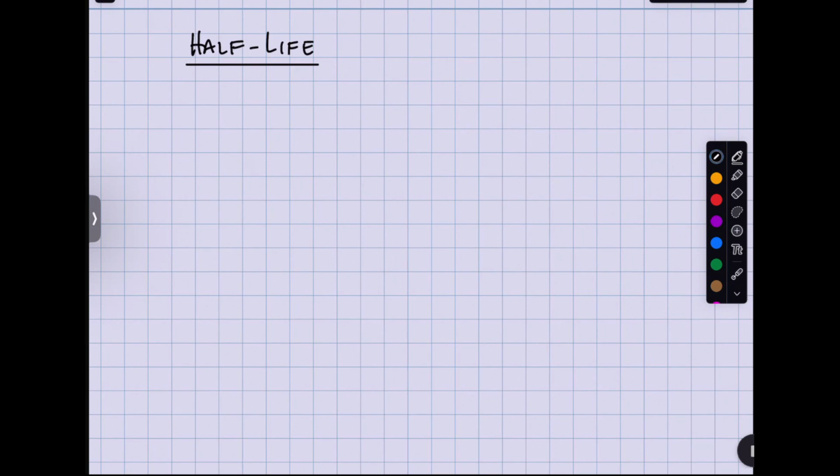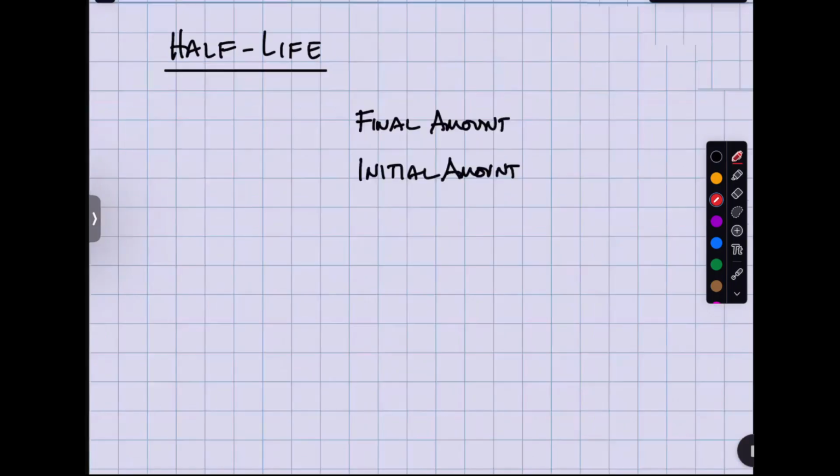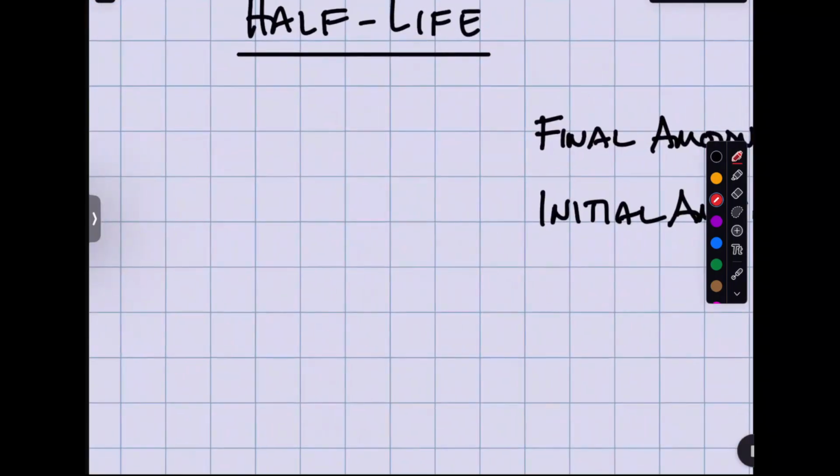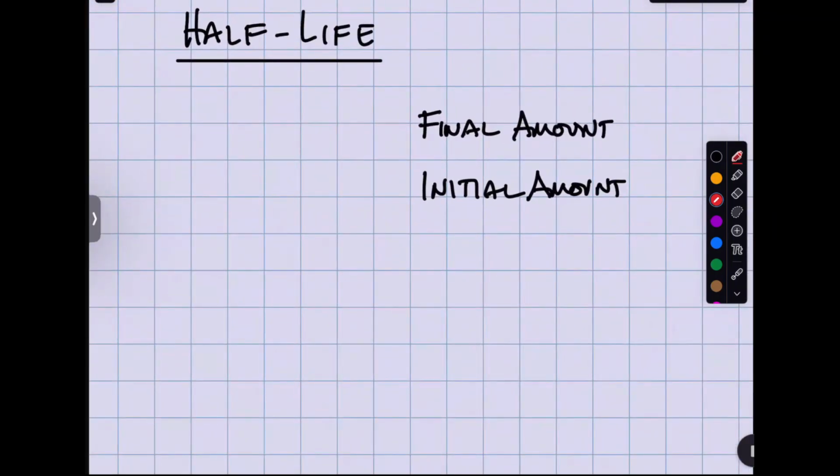So let's say I start with a final amount, and the final amount in the equation is A. Again, I'm only using A. I'm not going to use the A sub 0.